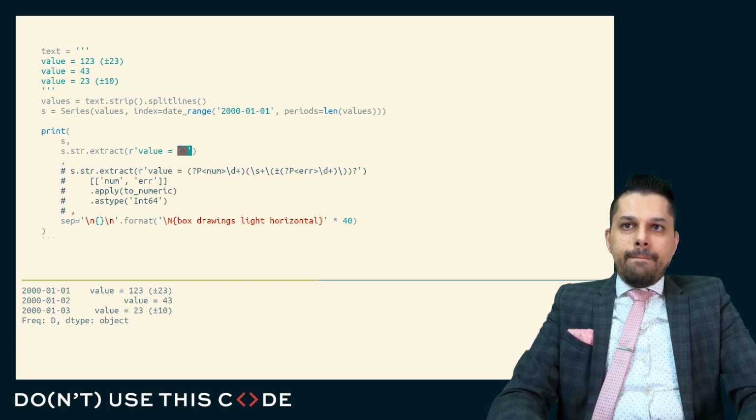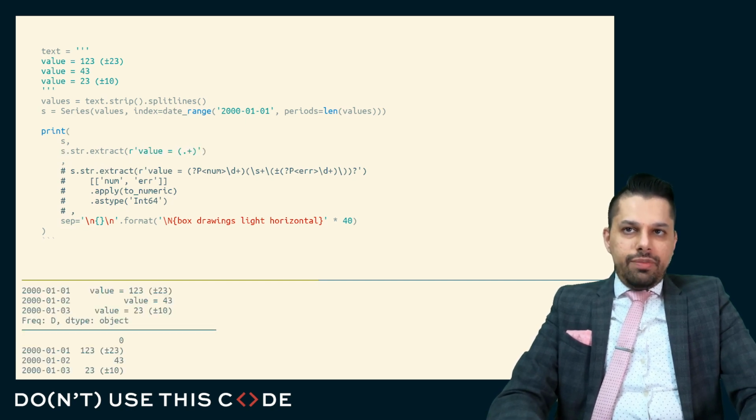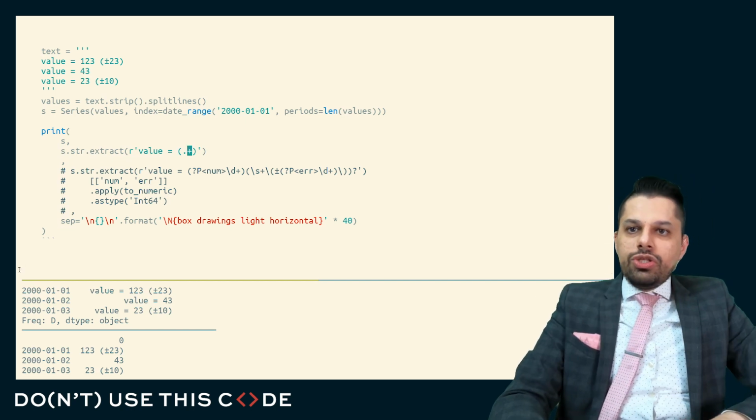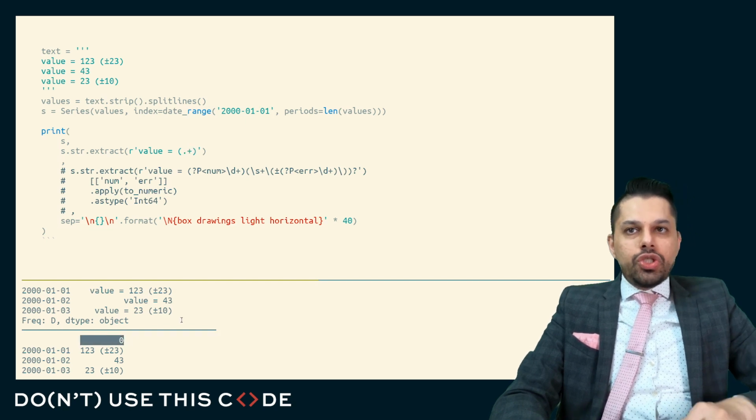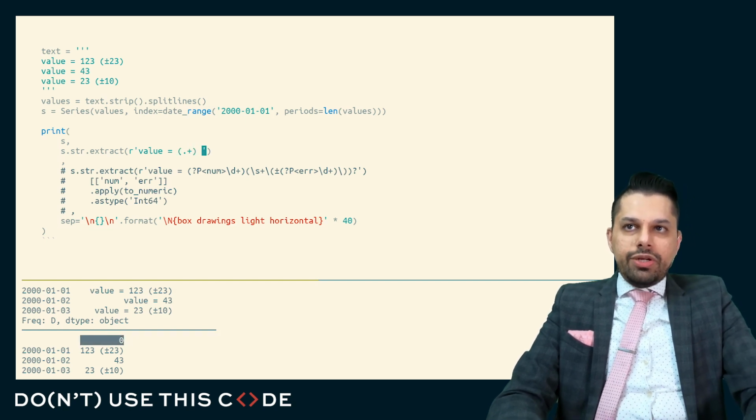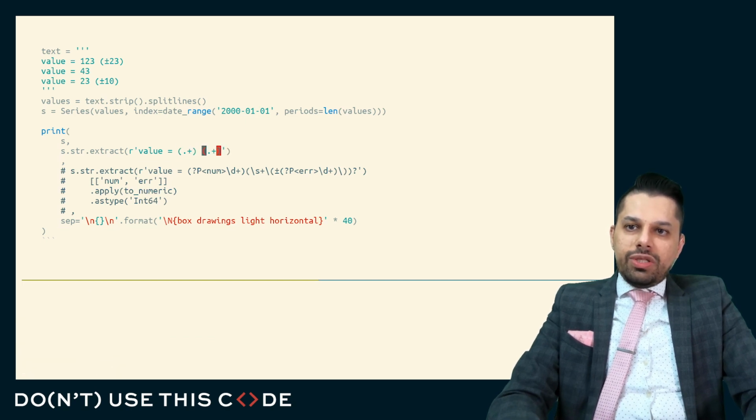So I'm going to say match anything here, and you can see it extracted this into a pandas data frame where the columns of this data frame are the numbered matches starting from 0. So here I could say, okay, match anything with a space and then anything else with a space.